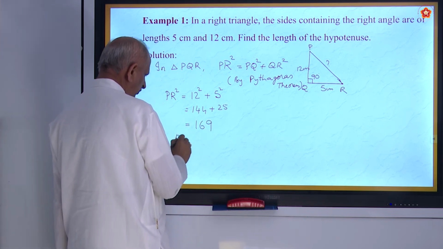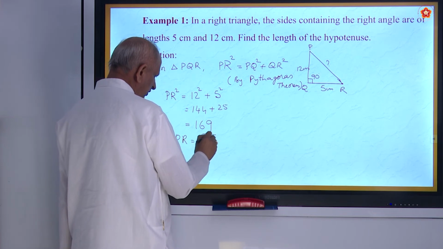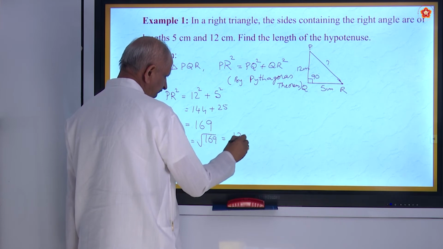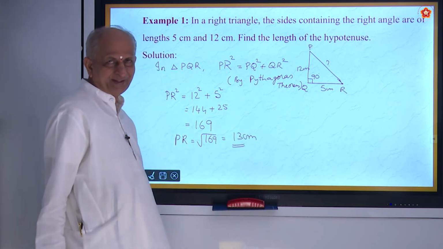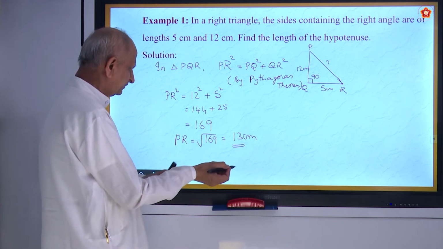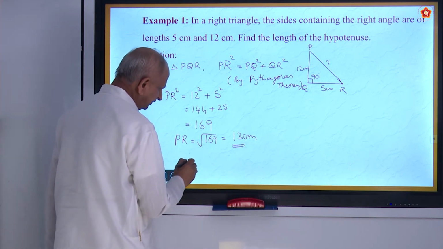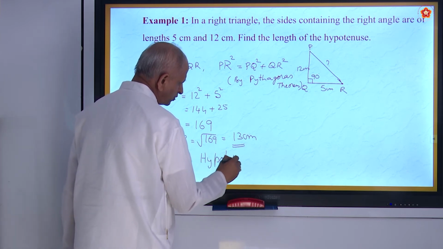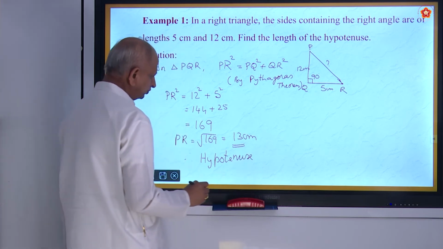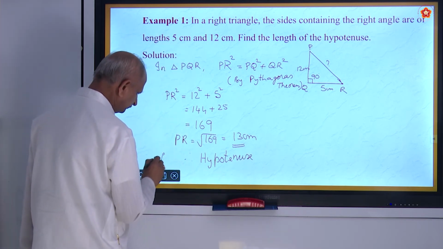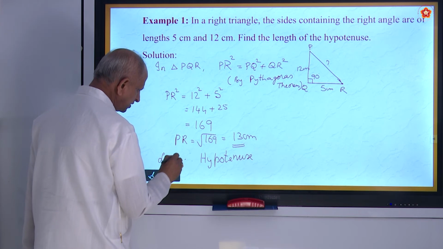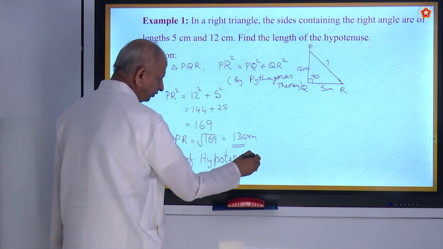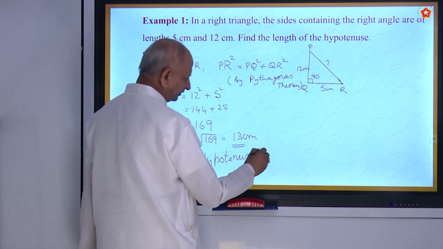So PR is equal to root of 169, that is plus or minus 13. But we don't take minus here because a side cannot be negative. And therefore the length of the hypotenuse is equal to 13 centimeters.